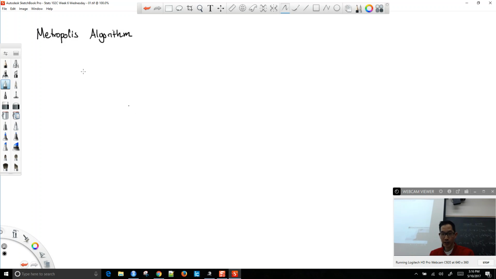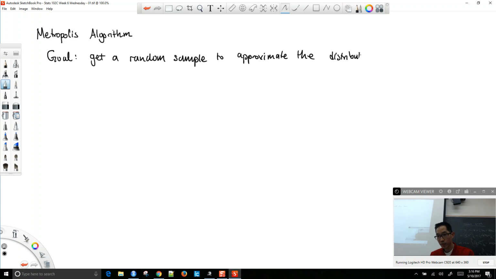So the idea is, let me just write. The goal here is to get a random sample to approximate the distribution of any PDF where we only know, or what's only required is that we only know the PDF up to a multiplicative constant.